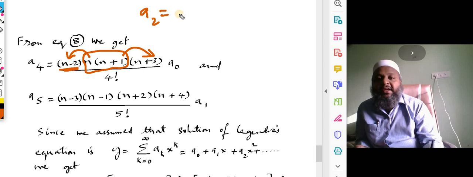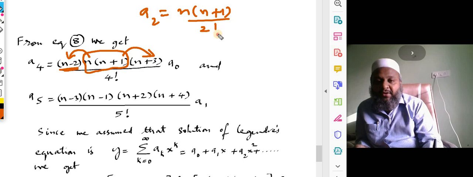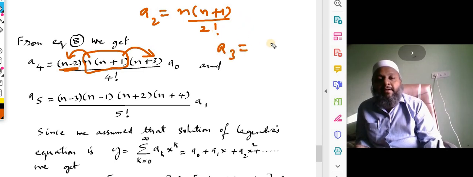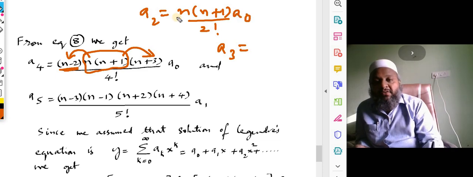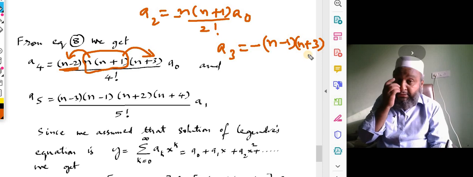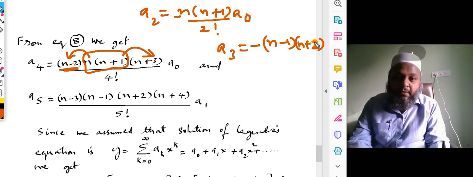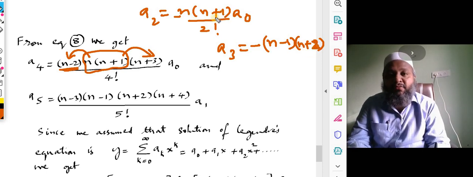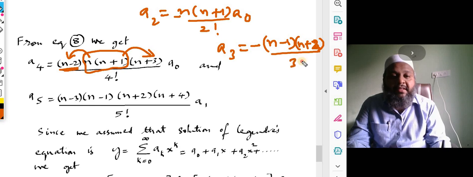Now a5, what was a2? Actually a2 was n into n plus 1 by 2 factorial, and a3 was this into a0 with minus, and here minus n minus 1, just now I have shown, into n plus 2, one less here, one more here, by 3 factorial.